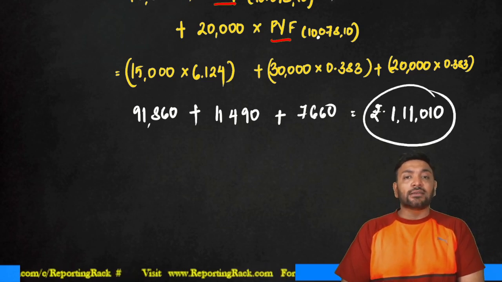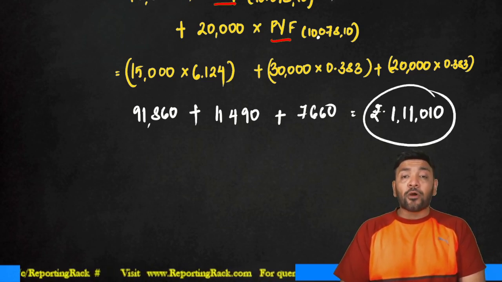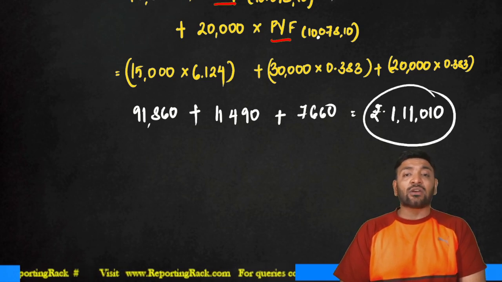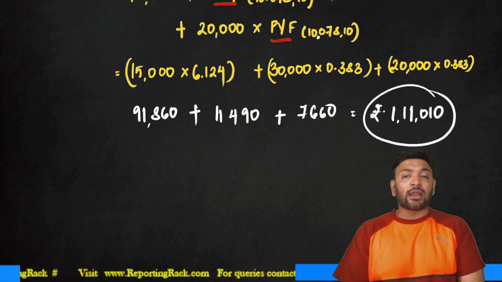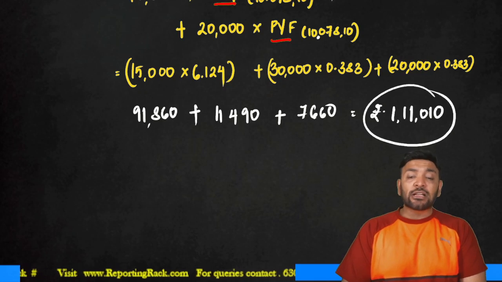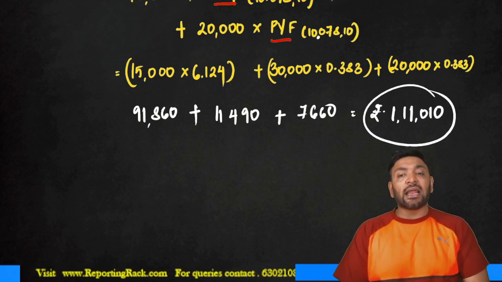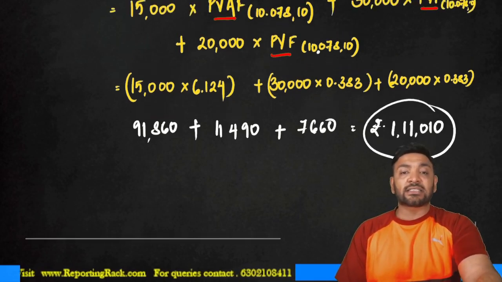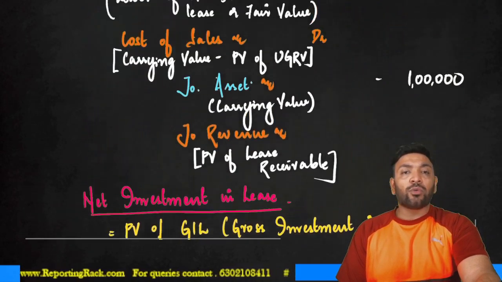1,11,010 is your answer. Check, it is 10.078. Earlier I calculated as 10.78. That's why I got a wrong answer. Guys, go up above.